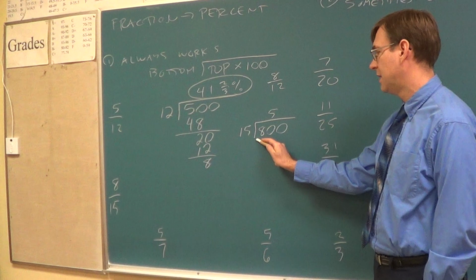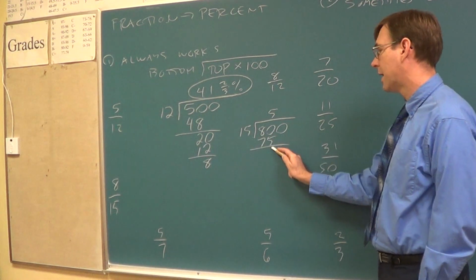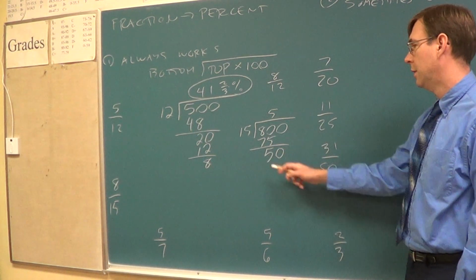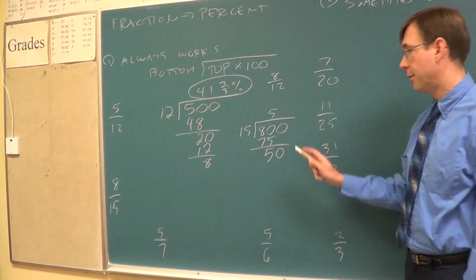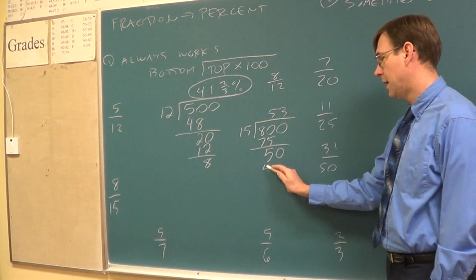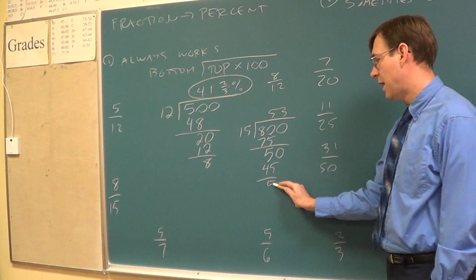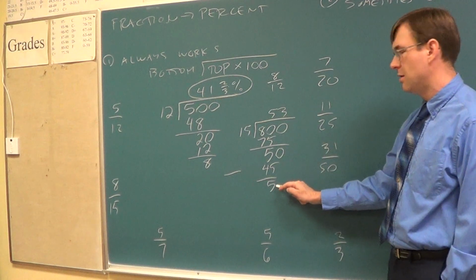Where does 5 15s land you? 75. Subtract, you get 5. Drop the 0. And now how many 15s can get us close to 50? 3. 3 15s lands you on 45. Remainder 5. Fraction, what would be the first fraction that pops to our mind using the 5?